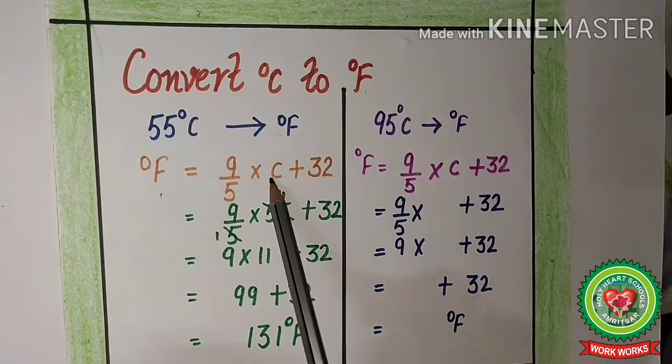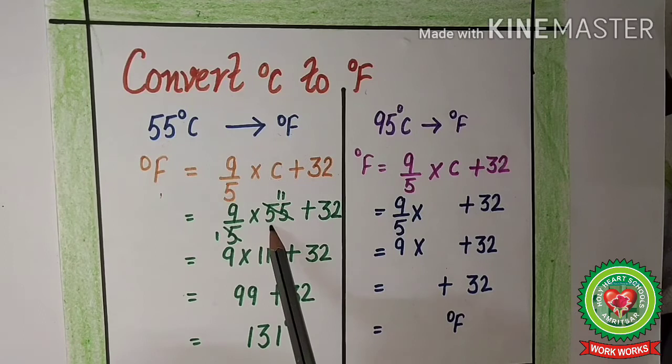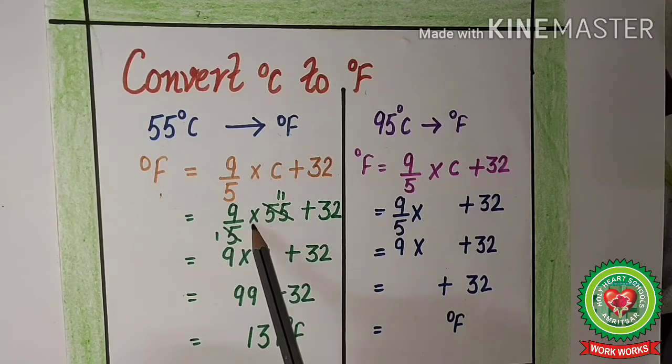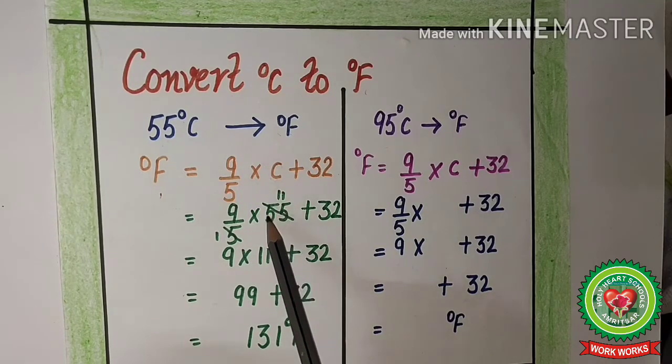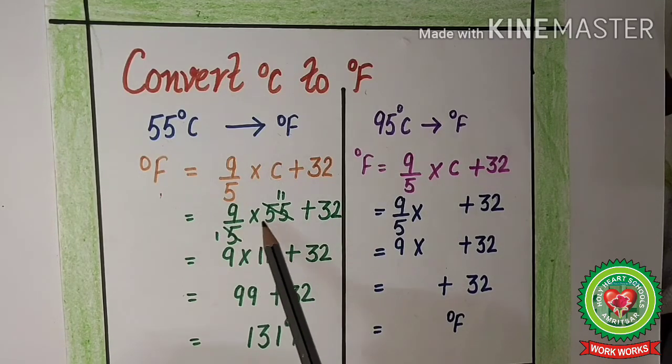So what is C? C is 55 degrees. So put 55 degrees. 9 upon 5 as it is, multiply sign as it is, C is converted to 55, plus 32.